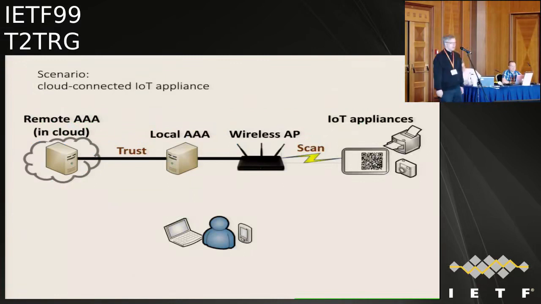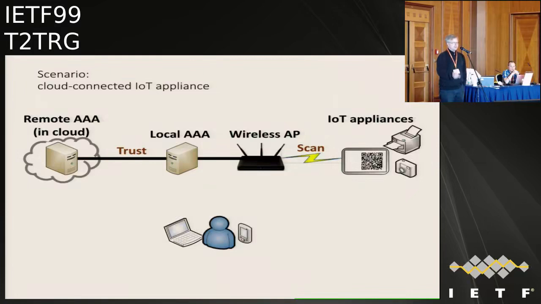There are these IoT appliances that have either input or output capability, and they would like to connect to a wireless network, which is an infrastructure mode network managed by a local AAA server. That uses RADIUS in our implementations, and then there is a trust relation between that local server and the remote RADIUS server in the cloud, which is the other endpoint of our protocol.